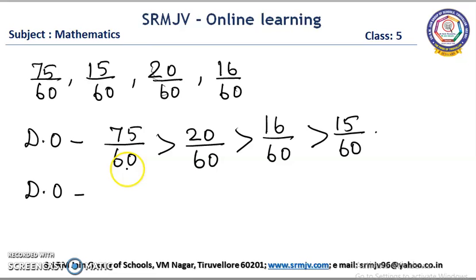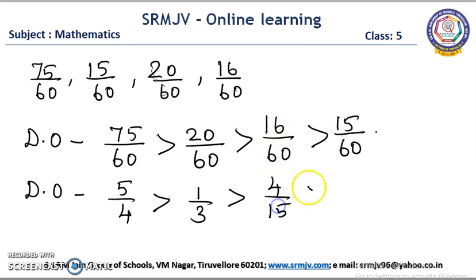So 75 by 60, that is 5 by 4, and 20 by 60 is 1 by 3, and 16 by 60 is 4 by 15, and 15 by 60 is 3 by 12. So this is the descending order of the given fractions. Is it clear, children? Can you understand?